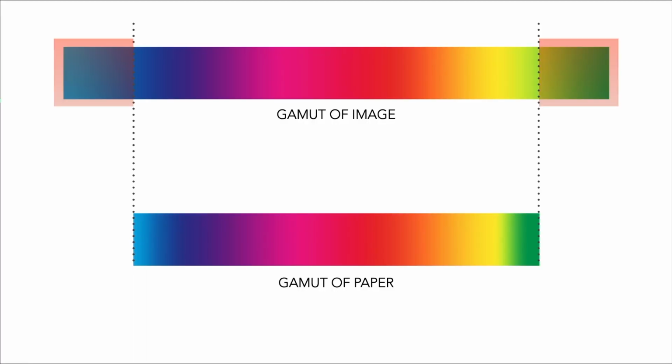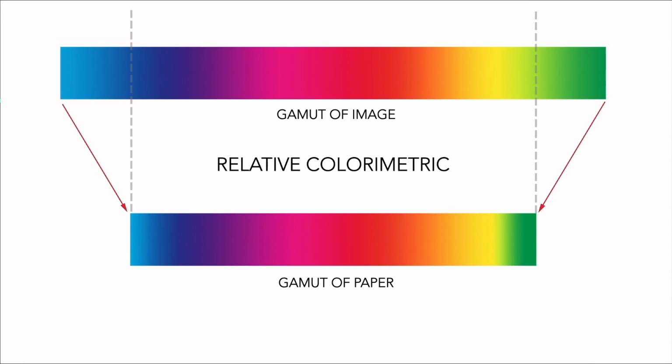So here we have the gamut of the image. Say up the top is the gamut of the image, and the gamut of the paper is down below. Now you can see down below that the gamut of the paper is a lot smaller than the gamut of the image. So what happens is that a bit of the information is outside of the gamut and somehow has to be brought back into gamut. So with relative colorimetric, those colors that are out are just all brought to the edge of that outer gamut range.